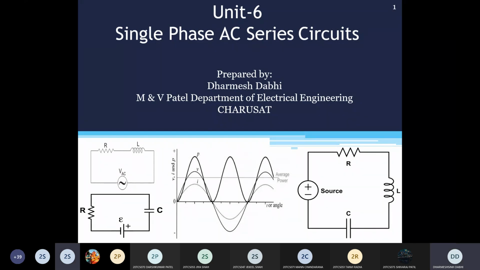Sir, through transformers. Yes, through transformer. So the transformer generates this single phase from three phase. What is the function of a transformer? To step up or step down voltage. Yes, its function is only step up and step down.